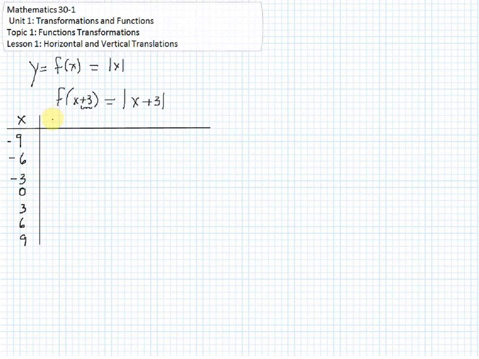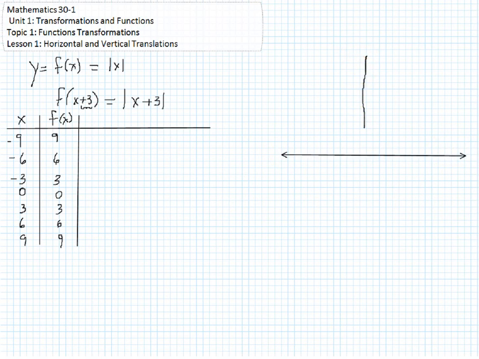And again, we've looked at f of x, or just the absolute value of x, and we know that for this function, we're going to have 9, 6, 3, 0, 3, 6, 9. When we graph that, that will produce for us our very distinctive V graph, or V-shaped function.